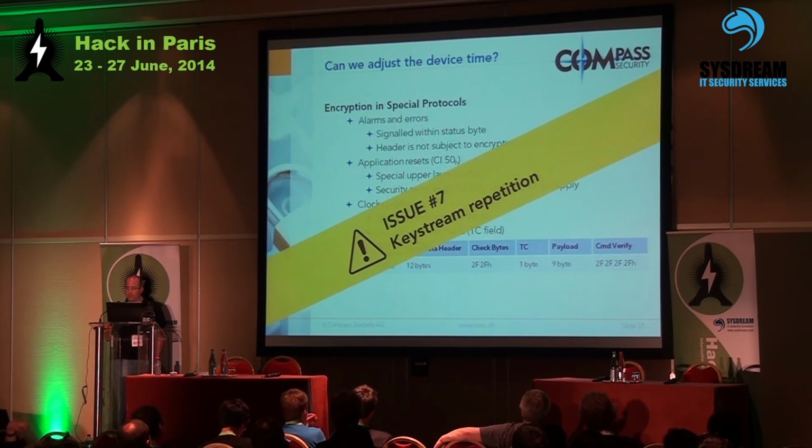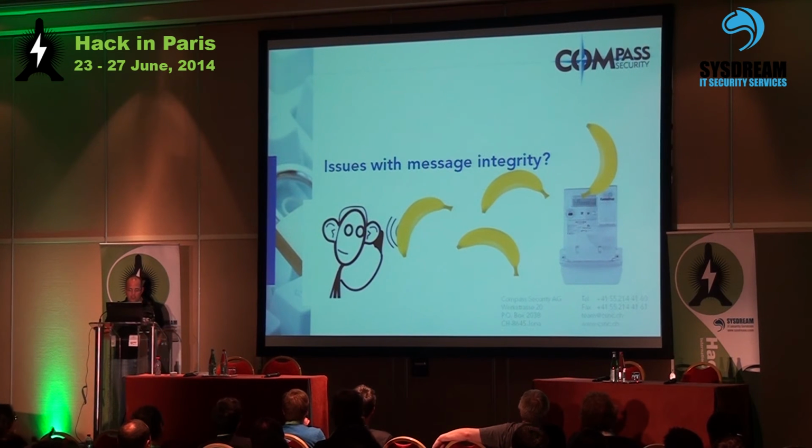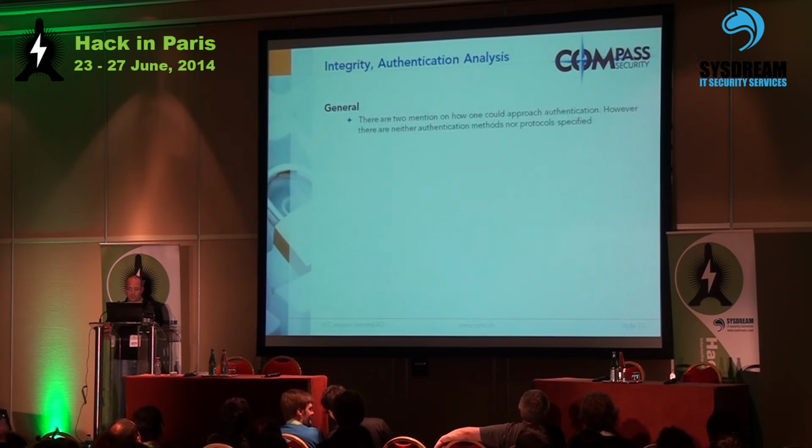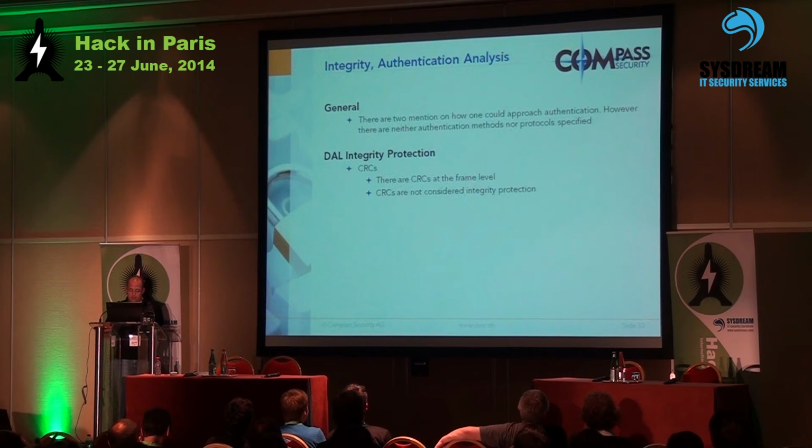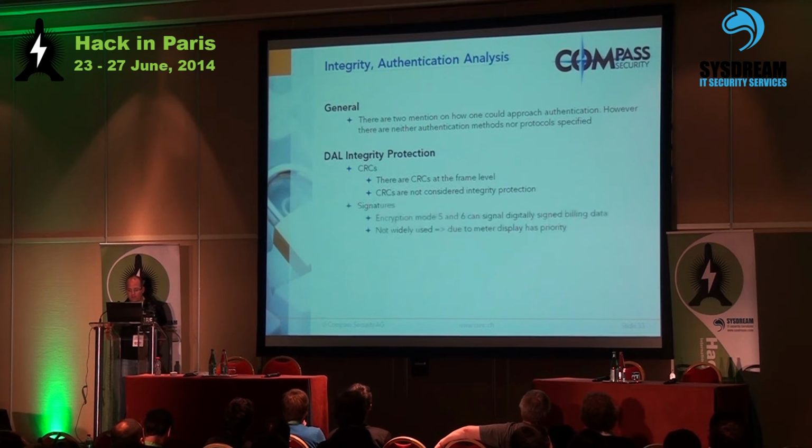There is some integrity protection using these CRCs at the frame level, and they propose to use signatures for consumption values, but actually it's a sentence or two, a mention in the standard. There are no MACs yet. So that basically means there's no integrity protection, so let's try to figure out what we could do because integrity protection is absent.